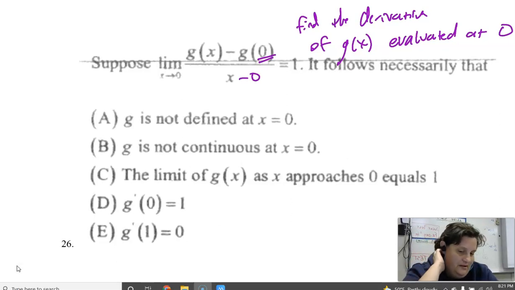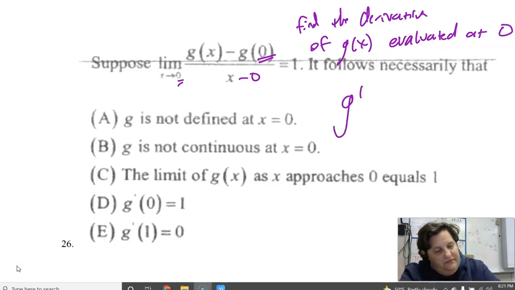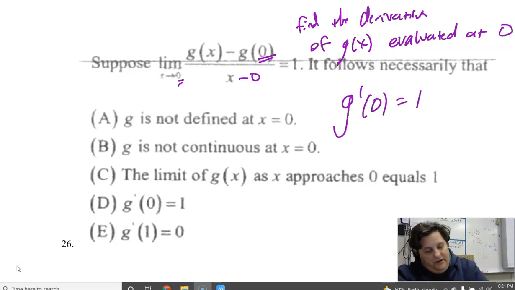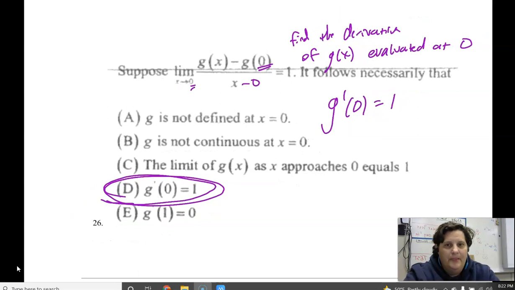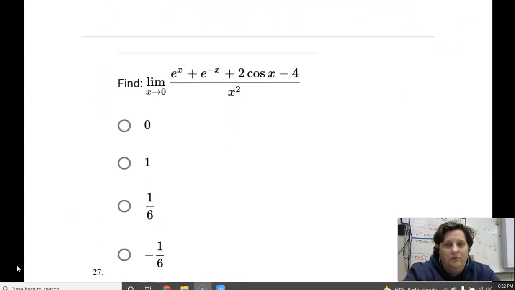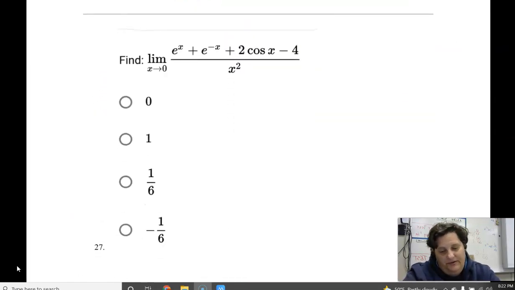Okay? Because it says x is approaching a. Whatever that number is, that's what I'm going to evaluate it at. So if it equals 1, what does that mean? Well, it means the derivative at 0 is 1. See how these aren't hard questions? It just wants to make sure that you understand what all this crazy notation means, okay? Okay, now, what you're going to see more on your test, though, is L'Hopital.